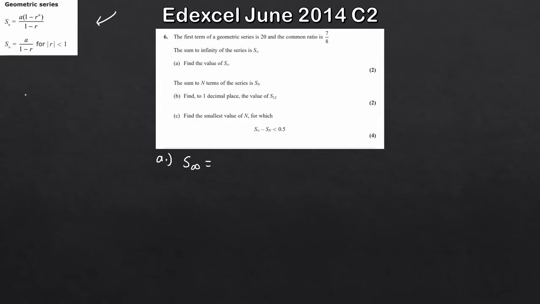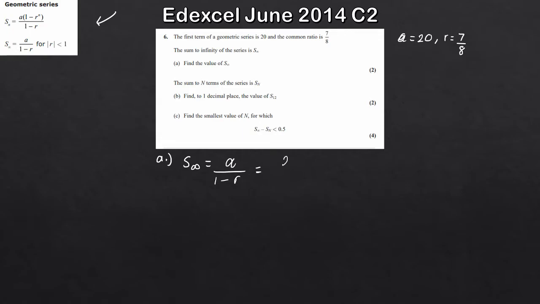Well, the sum to infinity is given here at the bottom: a divided by 1 minus r. Let's just write down everything we've got. A is 20, r is 7 over 8. So all we need to do is plug that into this formula. It's essentially just a substitution question.